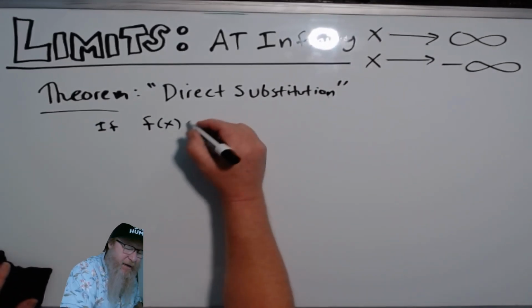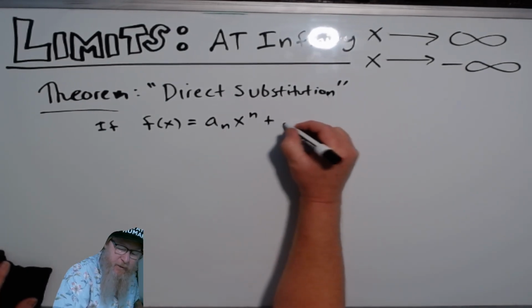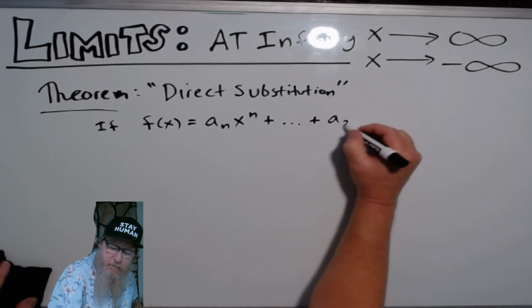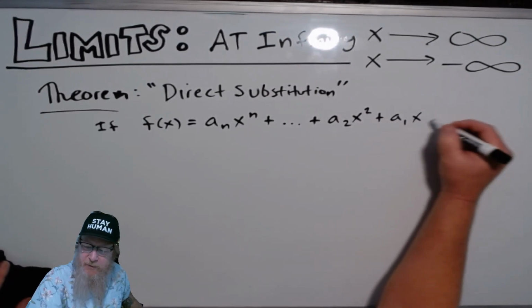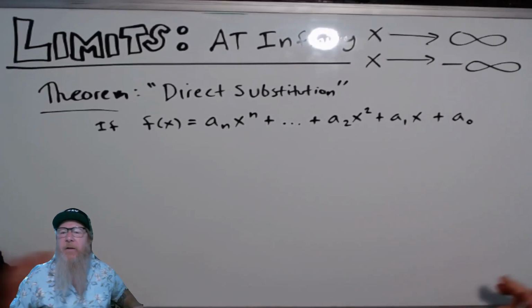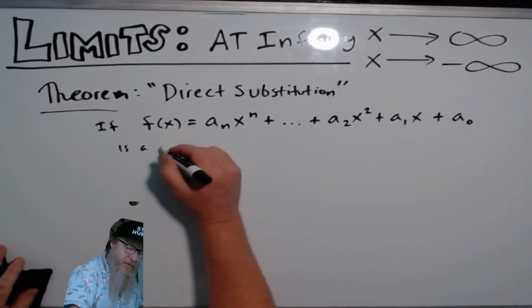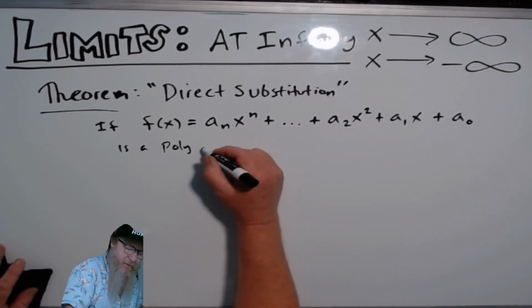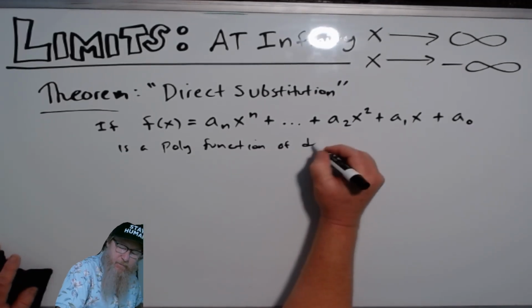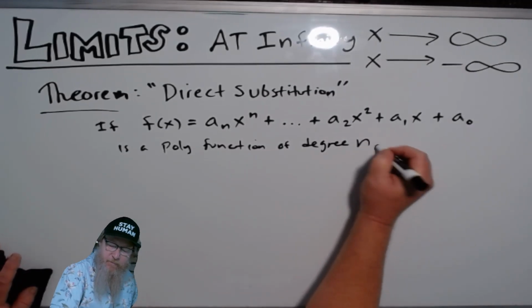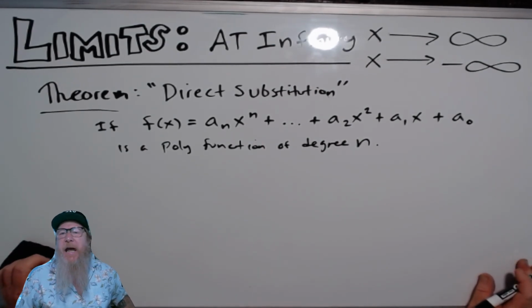So if f of x is a polynomial function, this is the general form of a polynomial function of degree n.